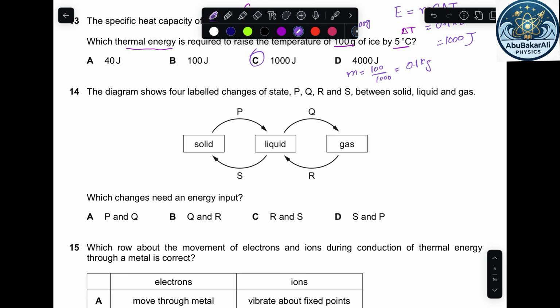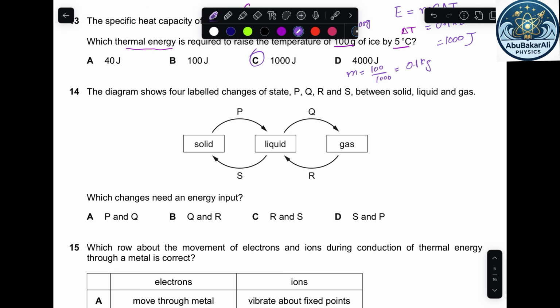Question 14. The diagram shows four labeled changes of state P, Q, R and S between solid, liquid and gas. Which changes need an energy input? Okay, energy input means you have to provide the energy. In some cases you have to provide the energy and in some cases you have to extract the energy.